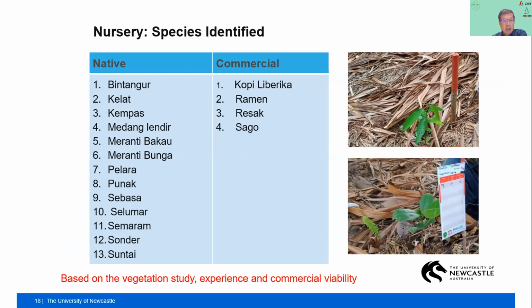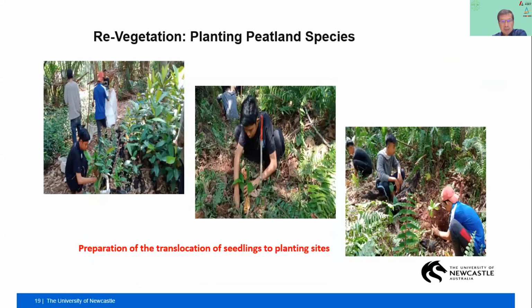So sago is very important, as I mentioned, which is naturally grown there. Coffee, ramin and resak are timber-related kinds of trees, right? So these commercial crops are actually naturally growing on the peatlands, on wet soils, so they do not have to be drained, so they should be sustainable, okay?